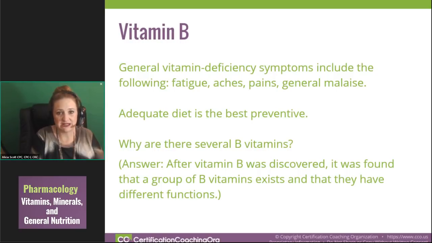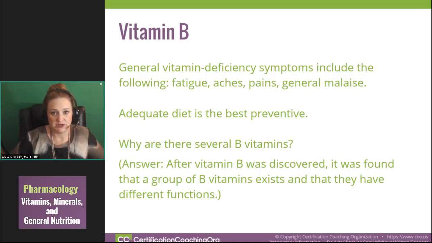But vitamin B is in a lot of foods, and the supplements are very easy to obtain if you think you need more. So this was a great question. Whenever I added a lot of these questions with the answer in there, it was just to help you think through the process. So why are there several vitamin Bs?